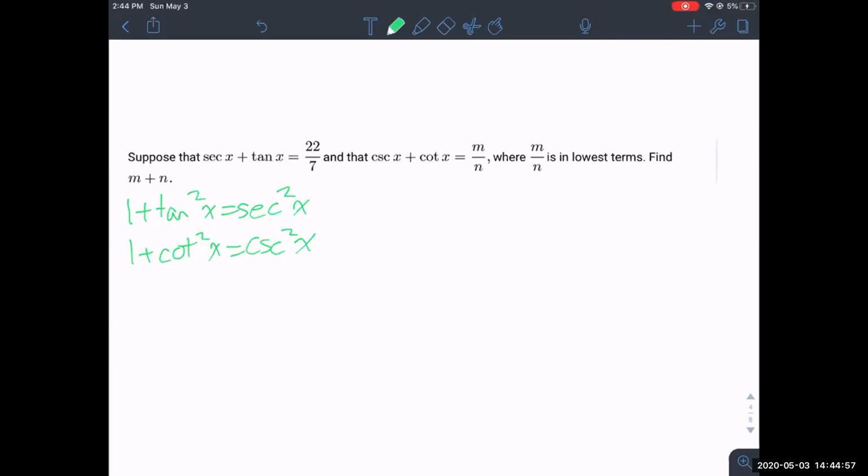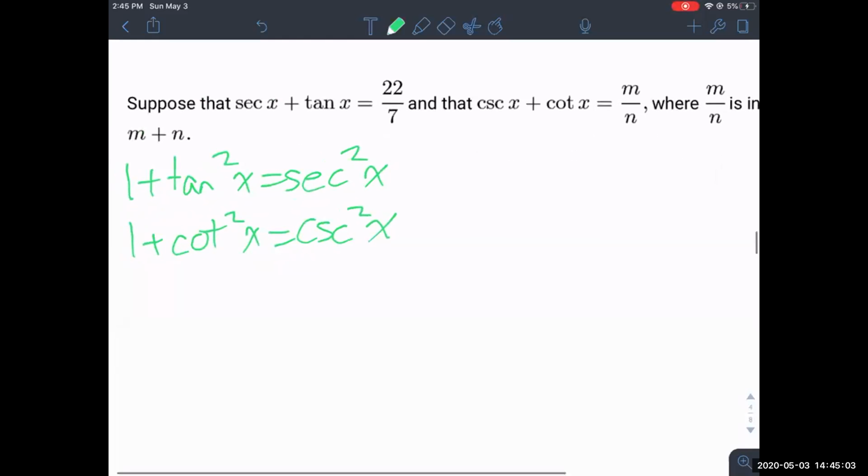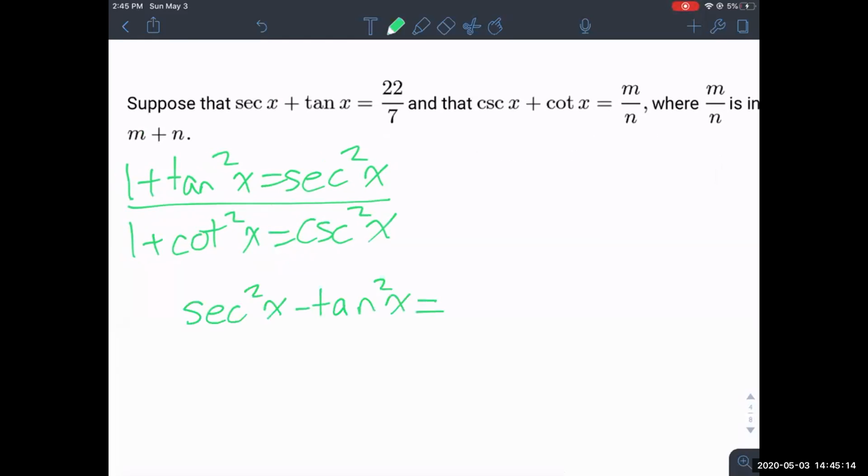Okay. This question is about to have some pretty ugly fractions, but we're gonna make it through. So from this first equation, we have that secant. There's actually a lot of ways to do this one, but I think this is one of the cleaner ones.